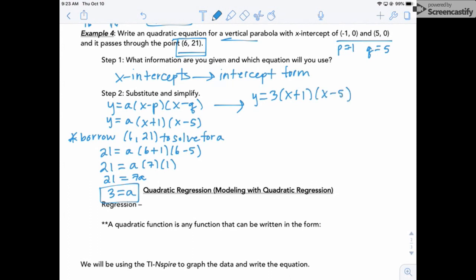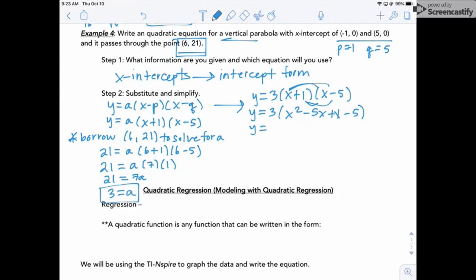Now we can go ahead and FOIL and convert to standard form. Let's FOIL this guy out. Save that 3 till the end. Just go ahead and FOIL and then save the 3 till the end. It'll be a little bit less complicated if you do it that way. So we get x squared minus 5x plus x minus 5.